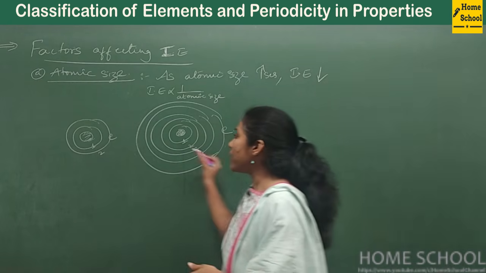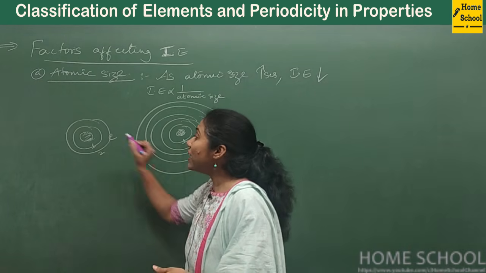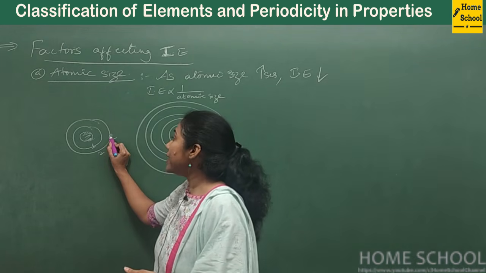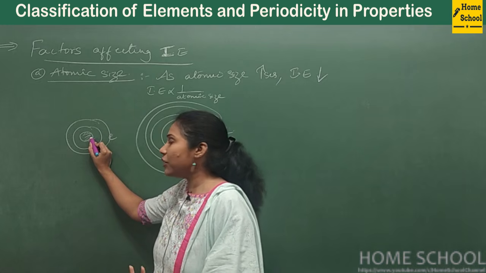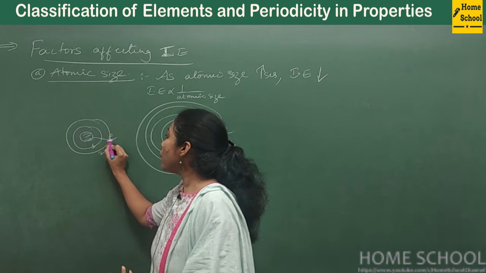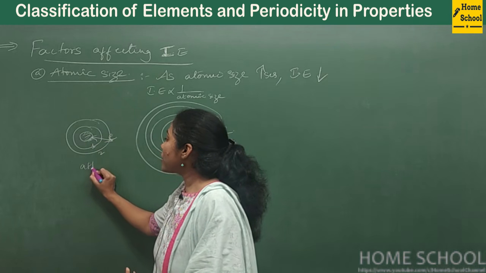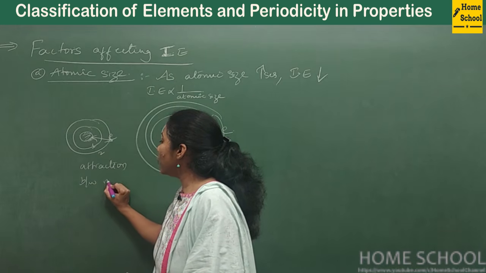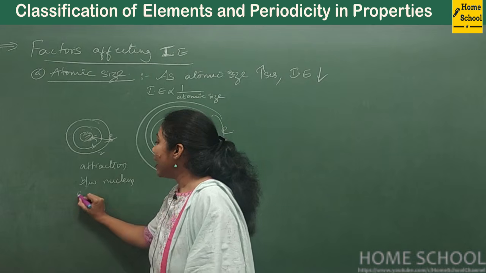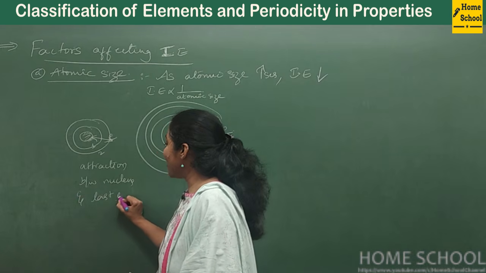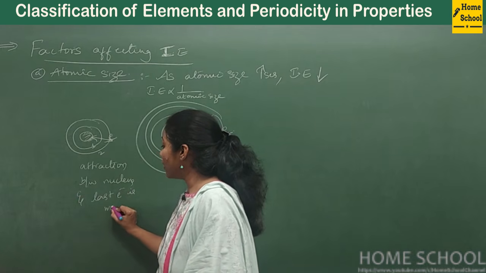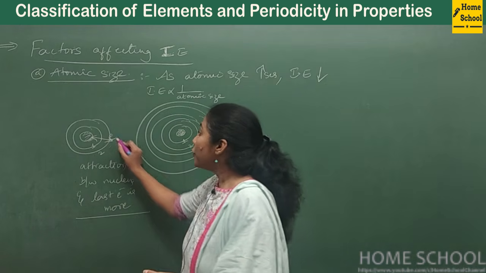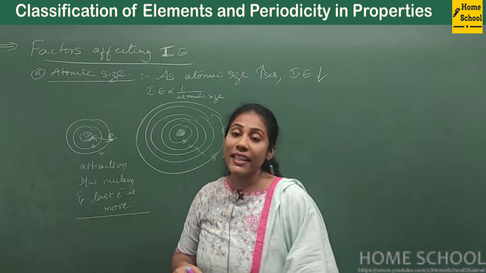Say in which case is the attraction between nucleus and electron minimum? You see here, the electron is in the second shell. The second shell is much nearer to the nucleus. So in this case, the attraction between the nucleus and the last electron is more, isn't it? Since attraction is more, you cannot remove this electron easily.